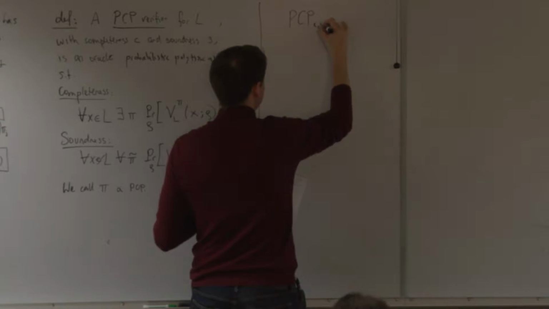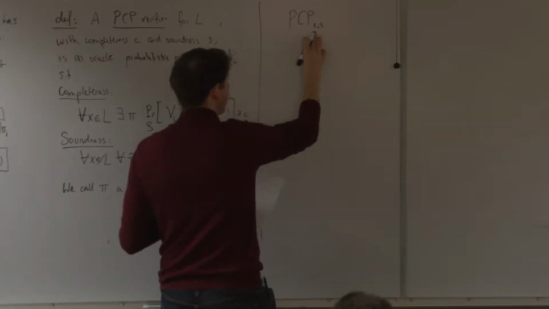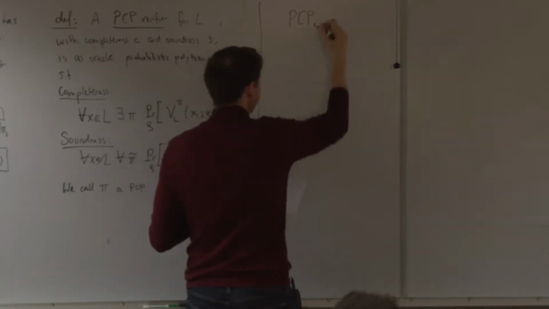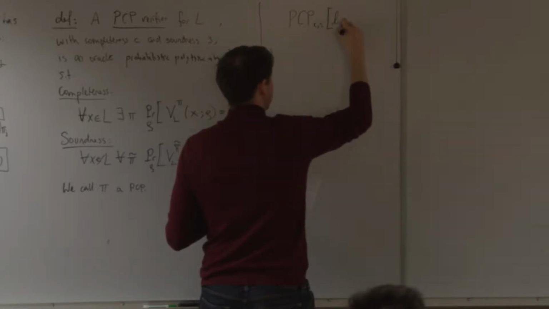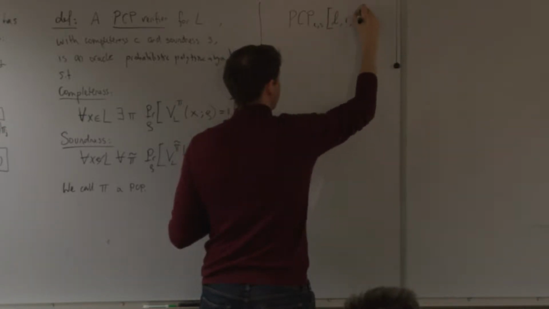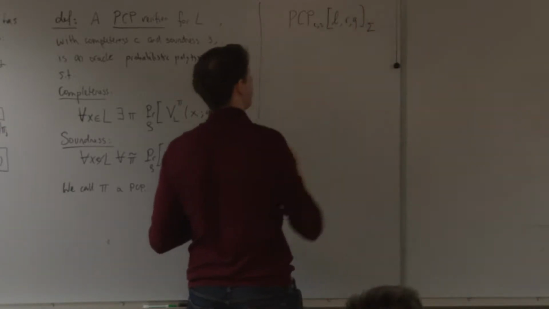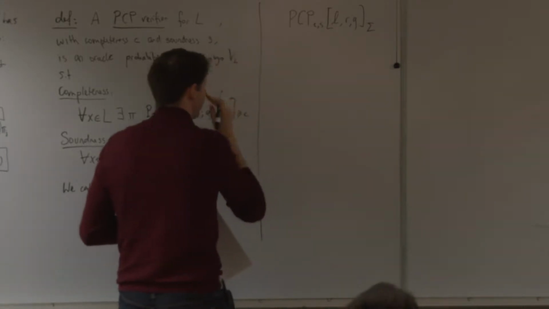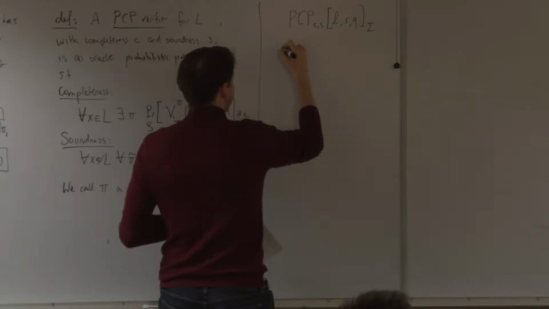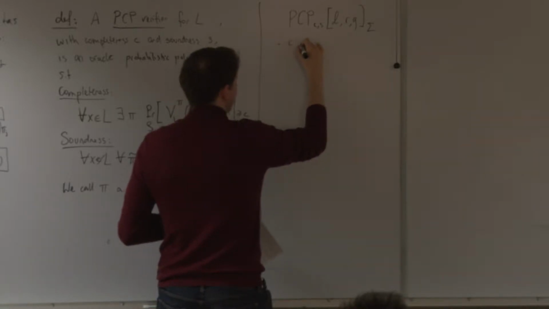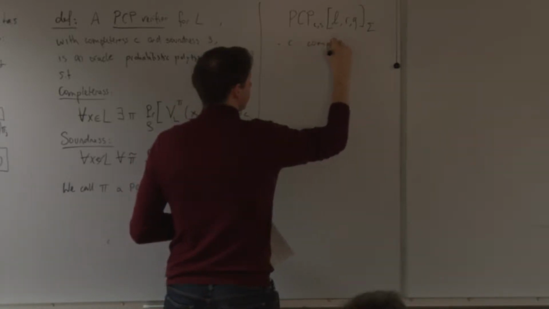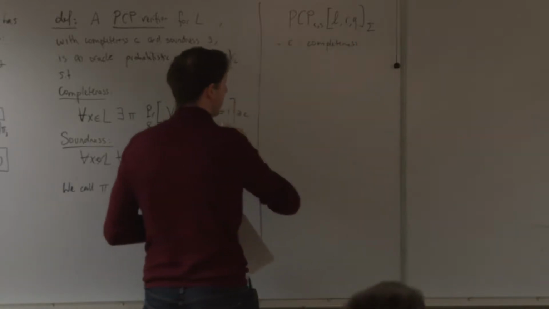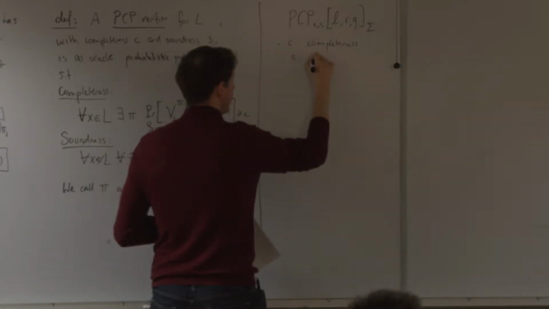So we can define a complexity class, PCP sub C,S, brackets L, R, Q, subscript sigma. Okay, so these are kind of all the things we might care about. And so C is going to be the completeness of the definition that we have here. S is going to be the soundness.